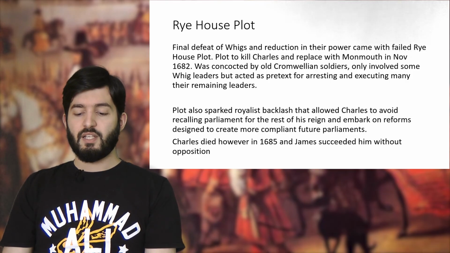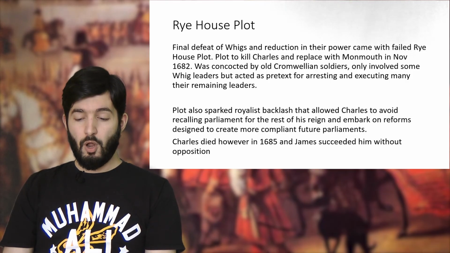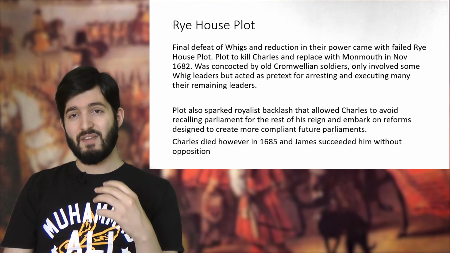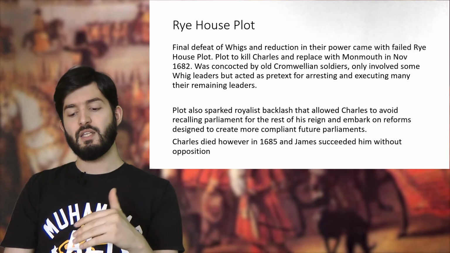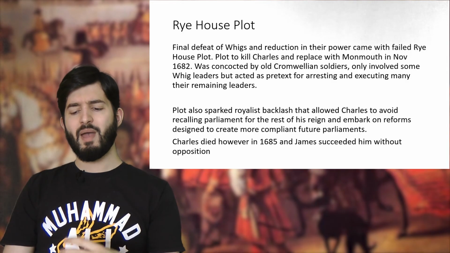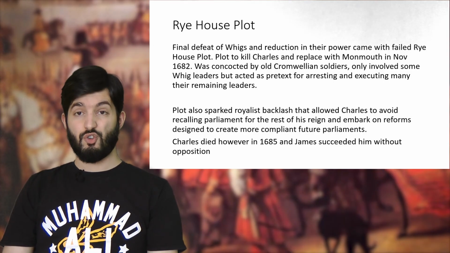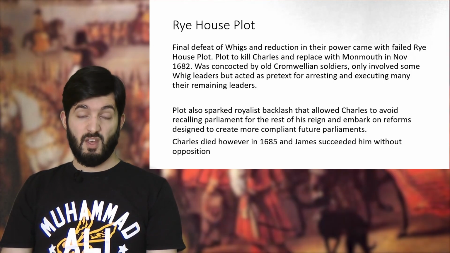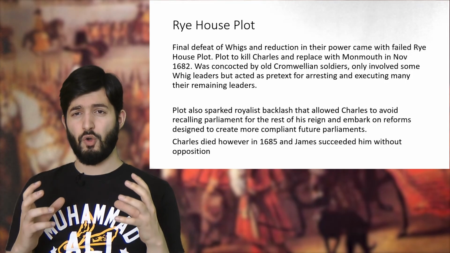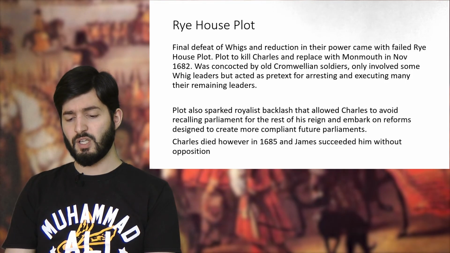And when the plot fails, it gives Charles the pretext, even though it only involves some Whig leaders, to arrest the remaining Whig leaders for treason, and he executes many of the others as well. And so the Whigs' power and dominance in Parliament really is destroyed in this 2-year period as a result.